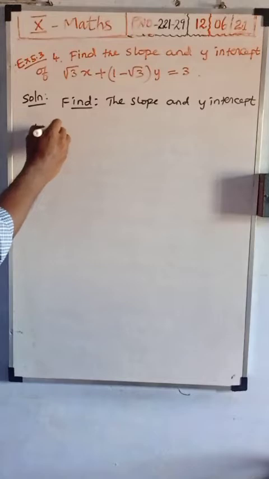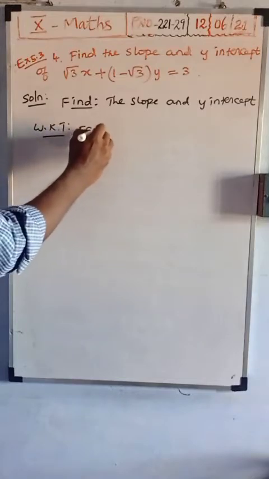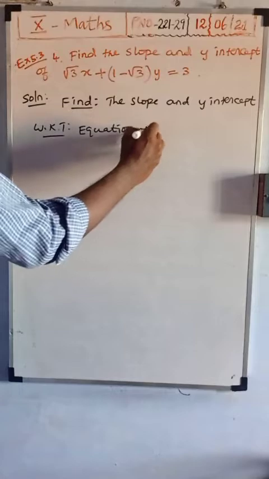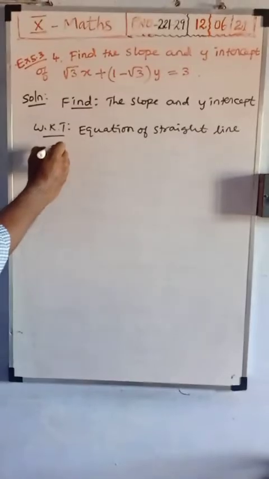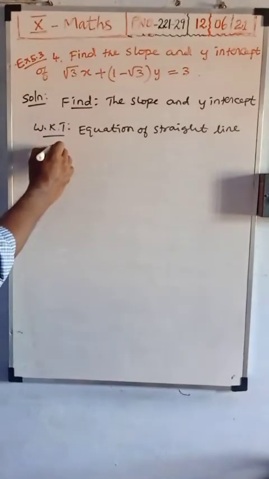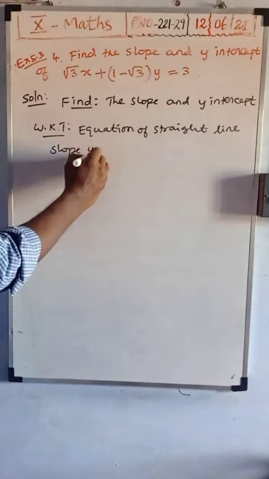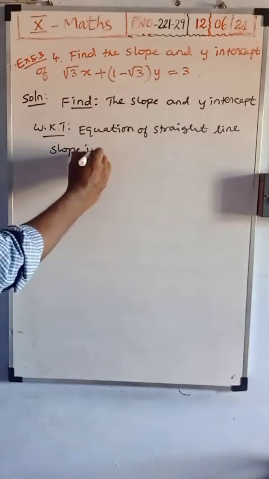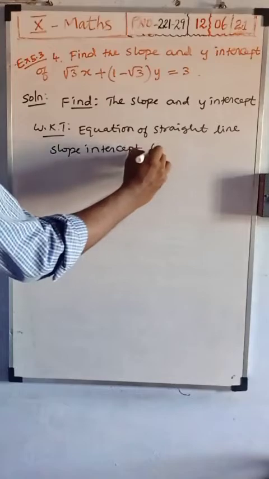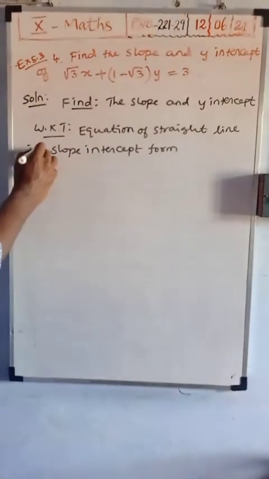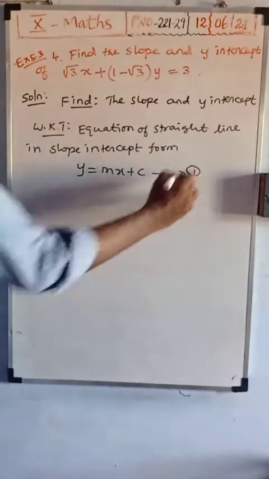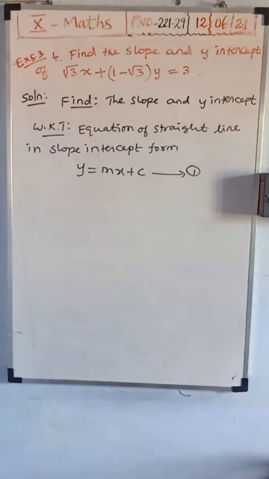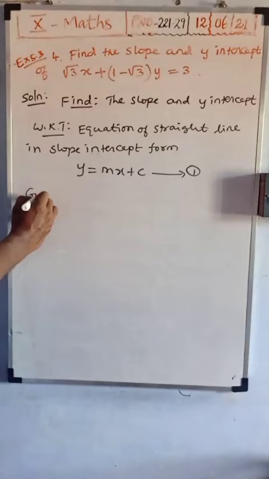Now we know the equation of a straight line in slope-intercept form: y is equal to mx plus c. Consider this as equation 1. So y is equal to mx plus c. This is equation 1.